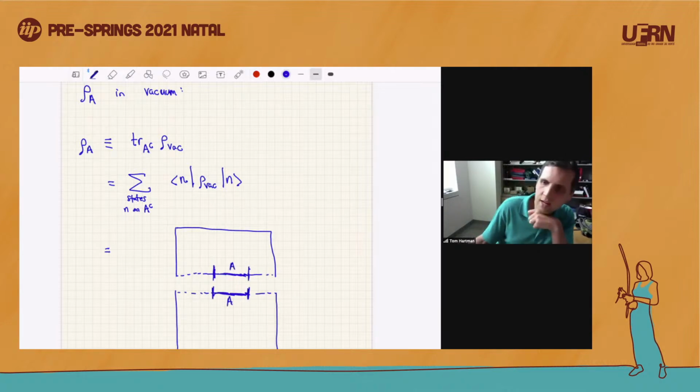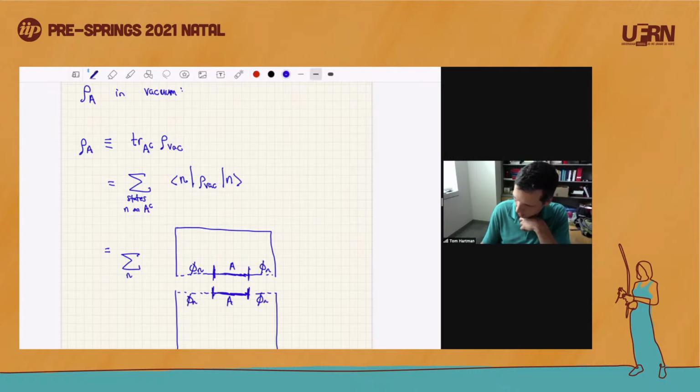And now what we need to do is to calculate these matrix elements where we only specify the field data on A complement. Okay, so the way we're going to do that is to sum over n of some field data here, and here, and here, and here.